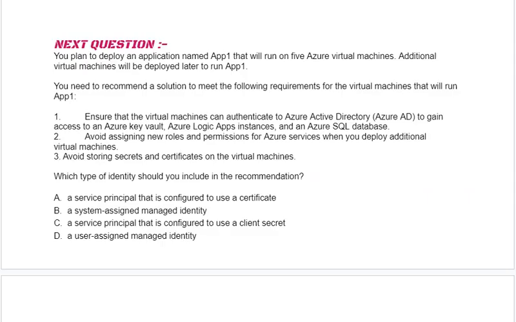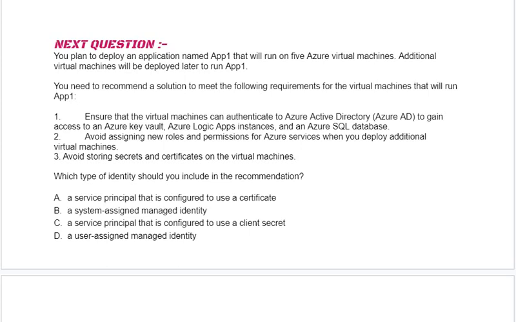Question is, you plan to deploy an application named App1 that will run on 5 Azure virtual machines. Additional virtual machines will be deployed later to run App1. You need to recommend a solution to meet the following requirements for the virtual machines that will run App1.